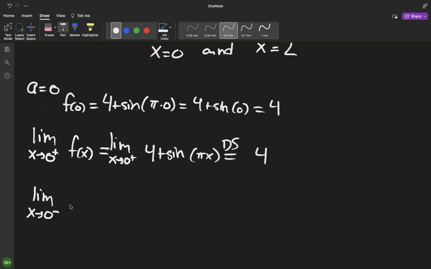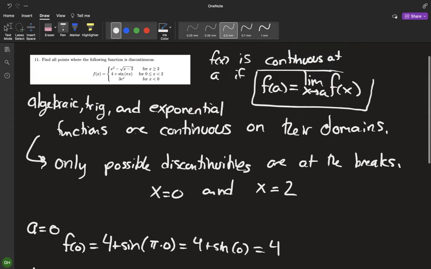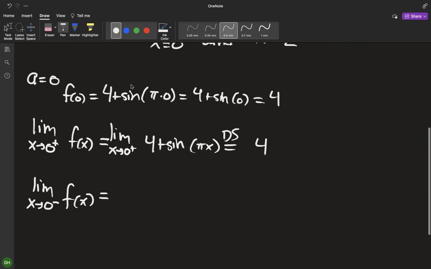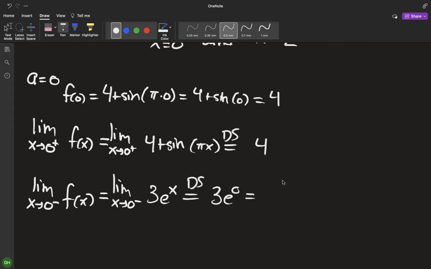If I look at 0 from the left of f of x, now I'm in the case where x is slightly smaller than 0, and that's 3e to the x. Limit as x goes to 0 from the left of 3e to the x is 3e to the 0, and e to the 0 is 1, so this is 3 times 1.